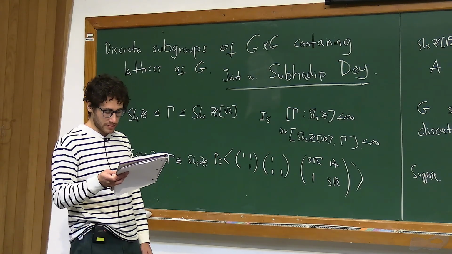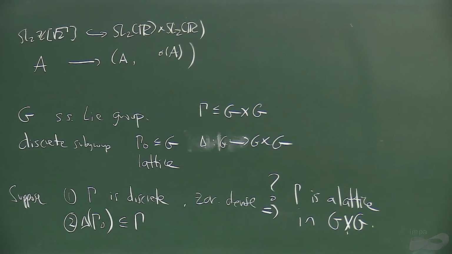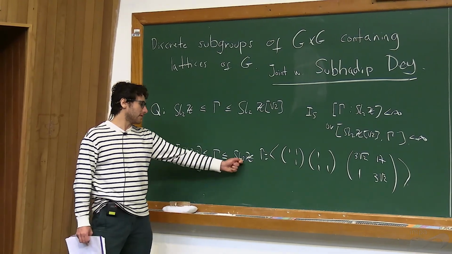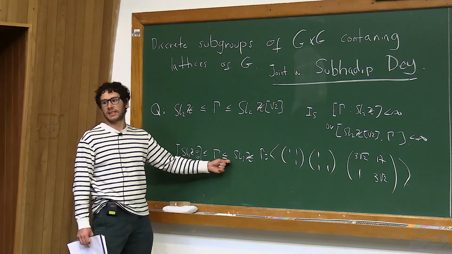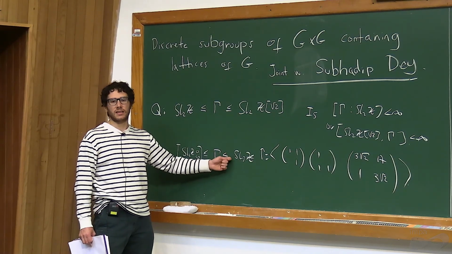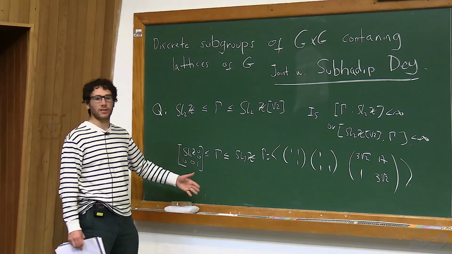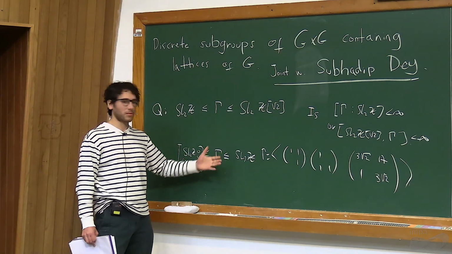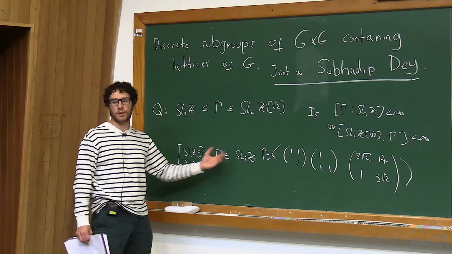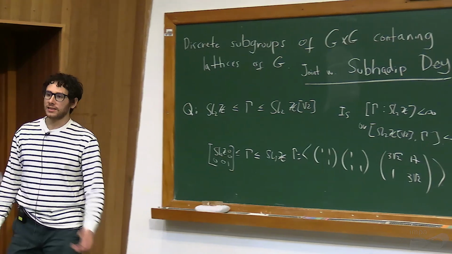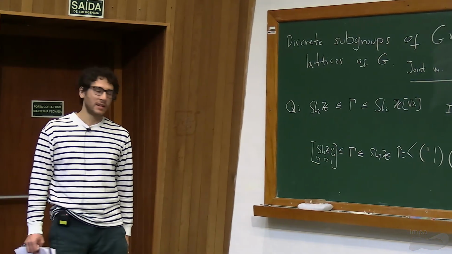So for example, there's a question of Serre from the 1970s, whether every subgroup of SL3Z is coherent, using the notation from yesterday, that is, whether every finitely generated subgroup of SL3Z is finitely presented.